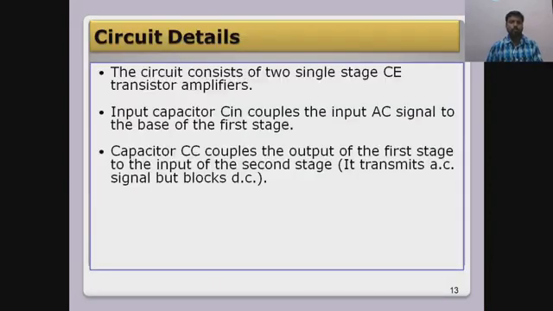See the circuit details. The circuit consists of two single stage common emitter transistor amplifiers. The input capacitor C in couples the AC input signal to the base of the first stage.